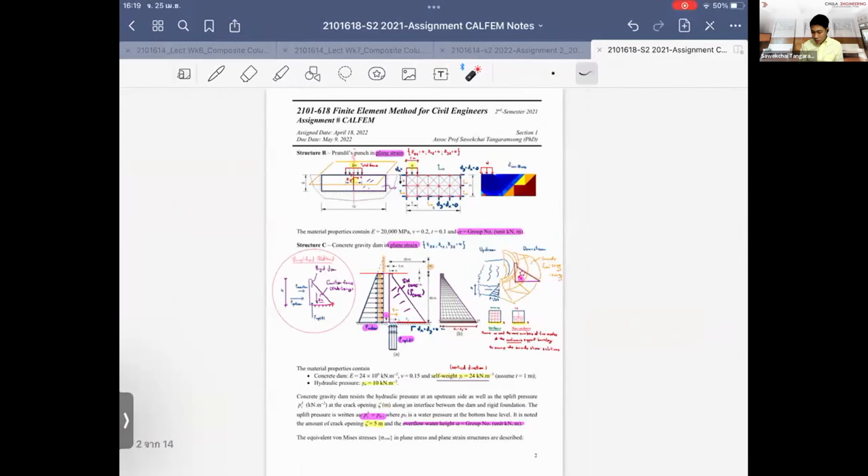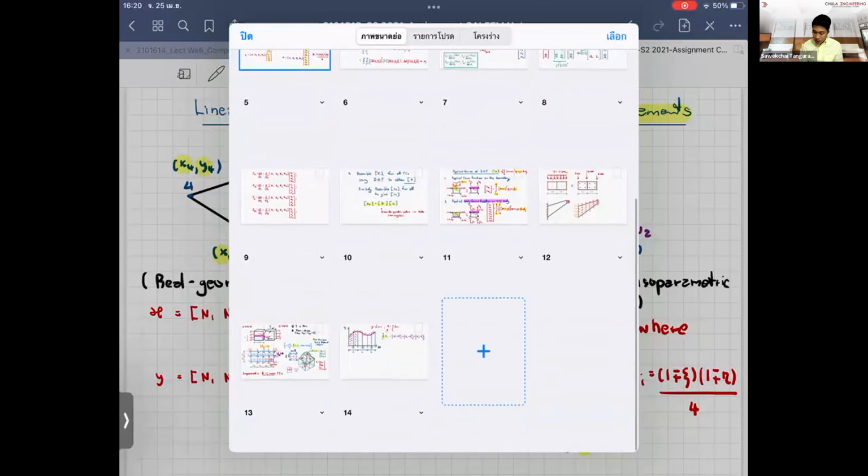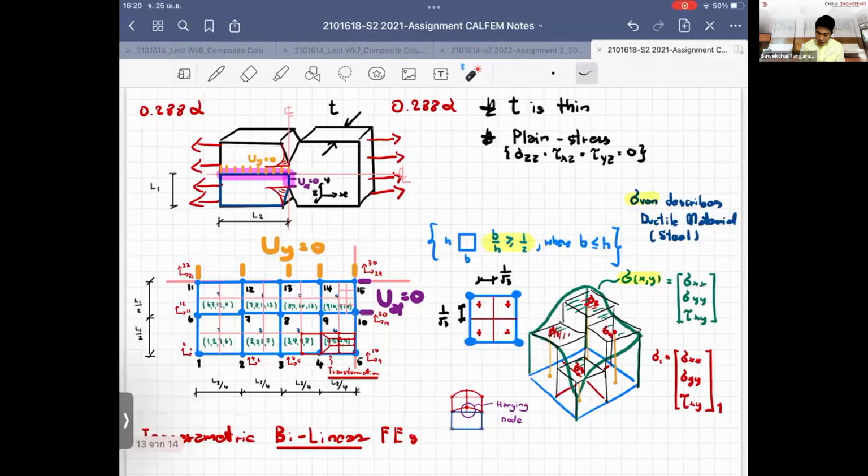And how do you know that you should stop the structural discretization is as follows. Because what we do here, we try to approximate the stress value and so on.